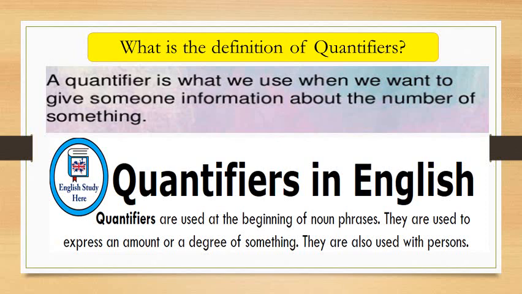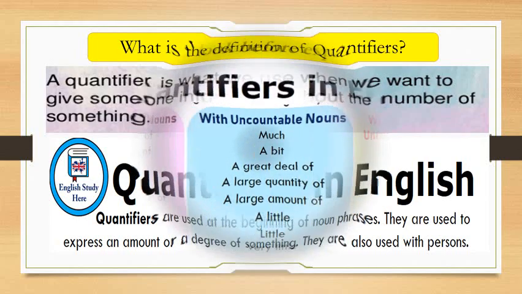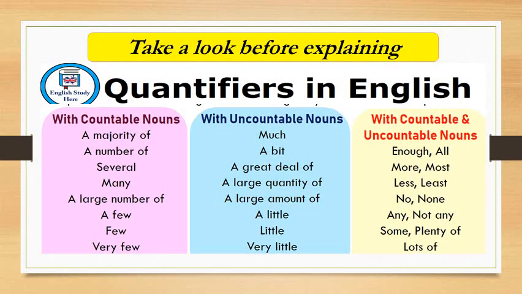They are used to express an amount or a degree of something. They are also used with persons. As I told you, quantifiers in English are classified into quantifiers for countable nouns, quantifiers for uncountable nouns, and quantifiers for both countable and uncountable.